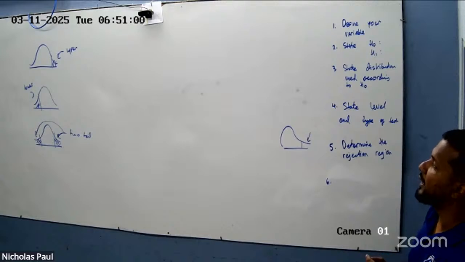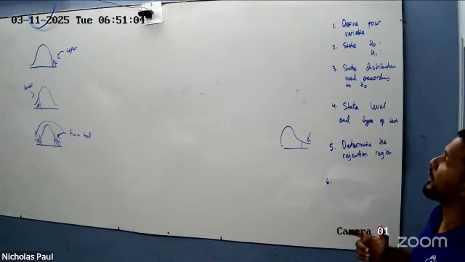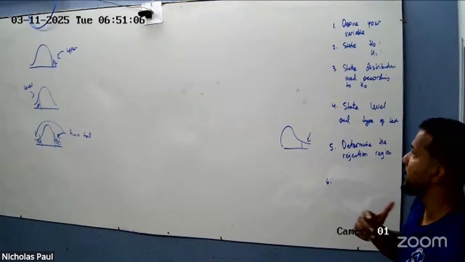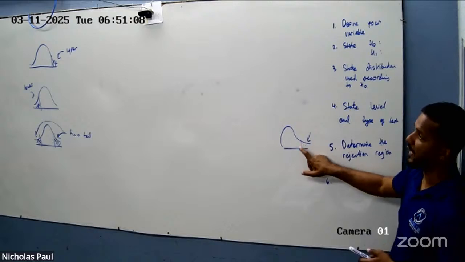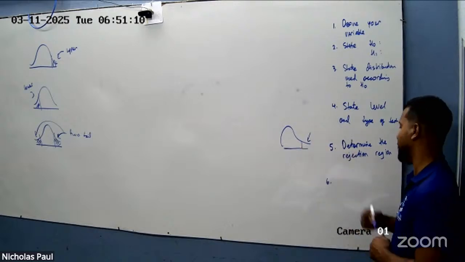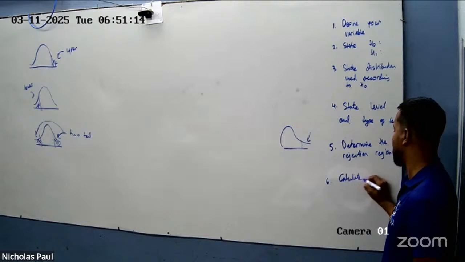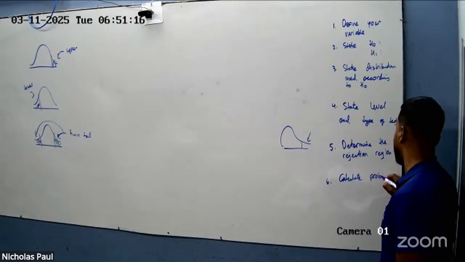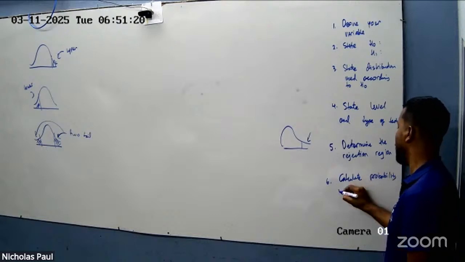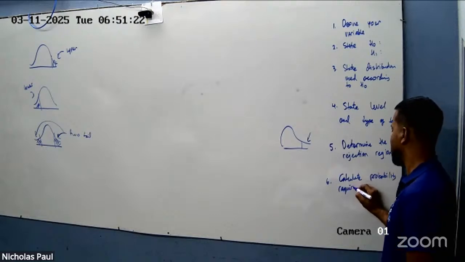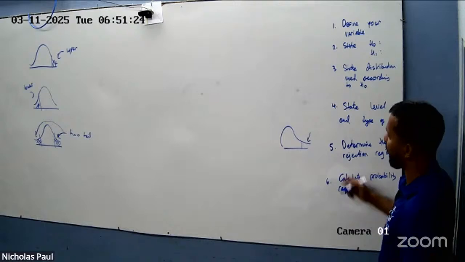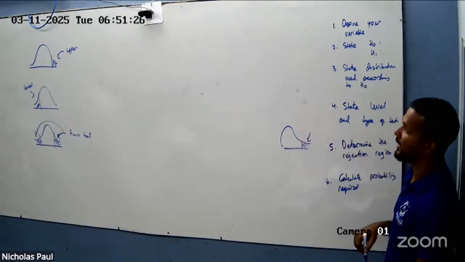Oh, calculate. Okay, that's 50% there. Calculate what? Calculate the value that you can check and see if it lies here. Okay, I'll take that. So what you're going to do is calculate the probability required and see if it's in the rejection region.